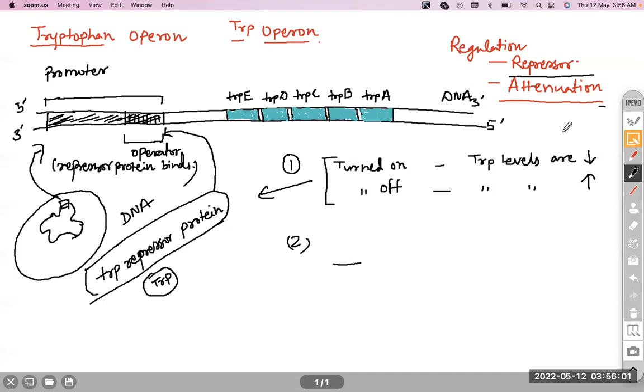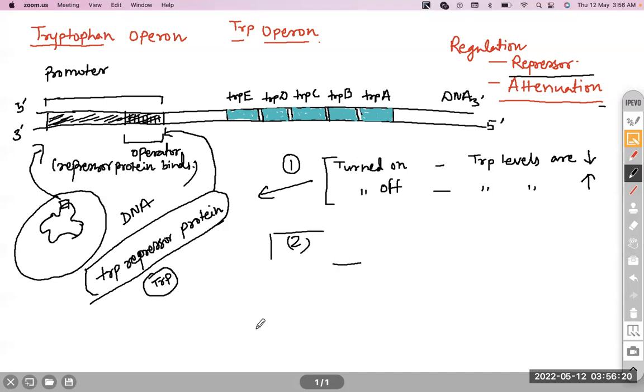Another mechanism is attenuation, and in that mechanism tryptophan biosynthesis is regulated, and there is a coupling of transcription and translation. I'll come to that later.